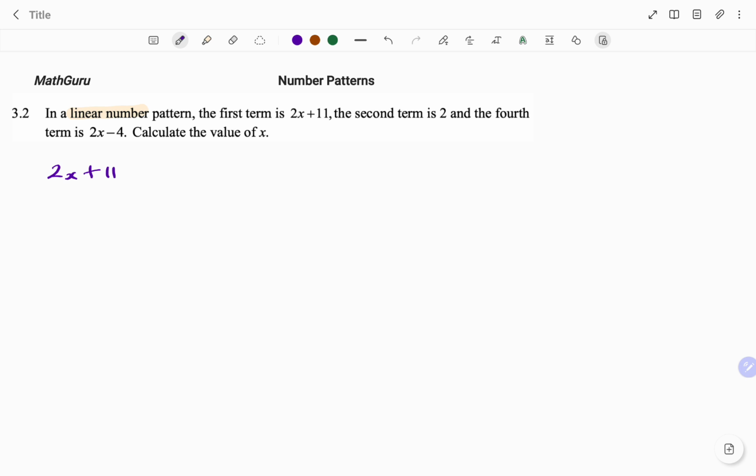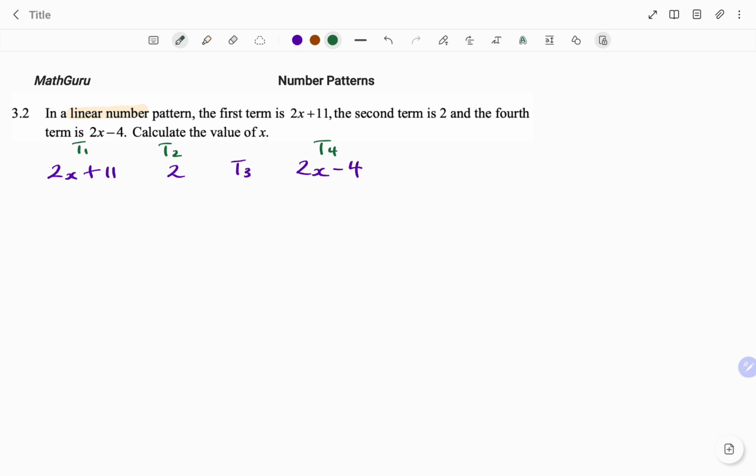The second term is 2, and the fourth term is 2x minus 4, so I have a third term missing. Then I have 2x minus 4. I'm going to tag all the terms: I have t1, t2, the third term, and then the fourth term.